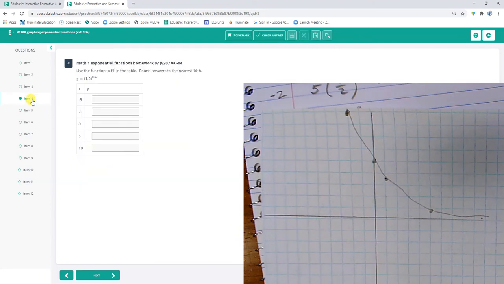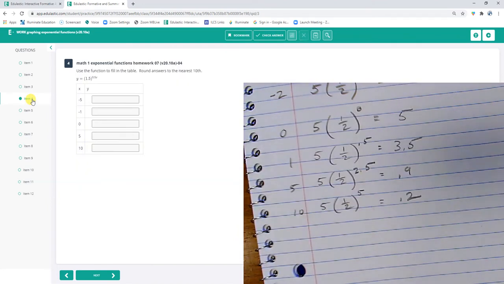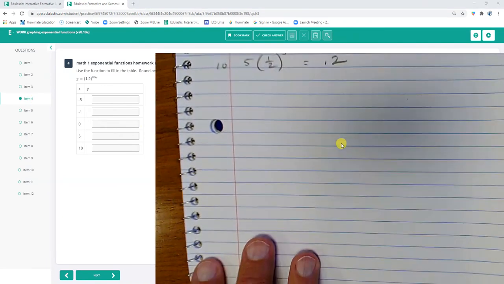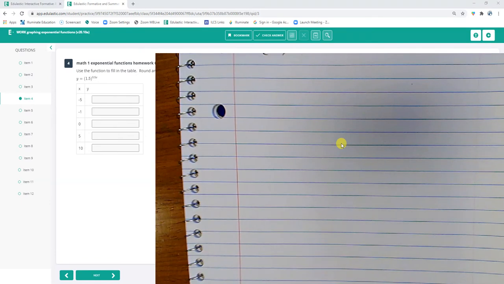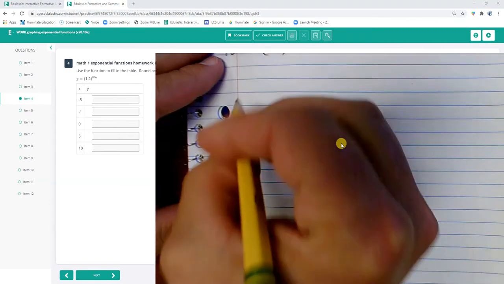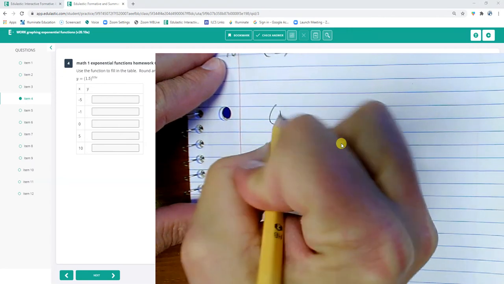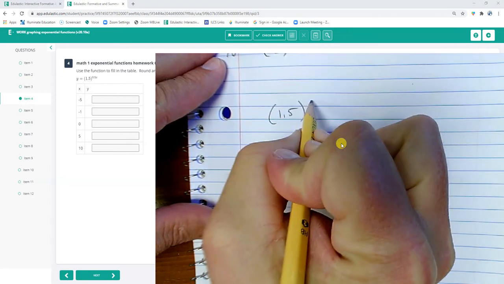So it's the same idea, and we're going to do it over and over again. So we're doing 1.5, so y equals 1.5 raised to the something power.